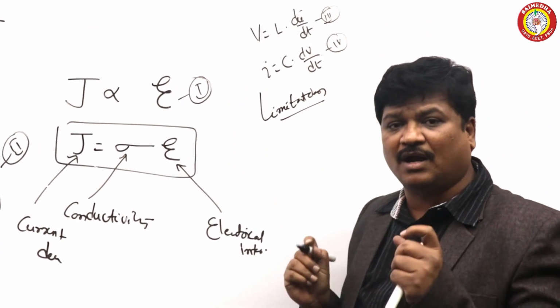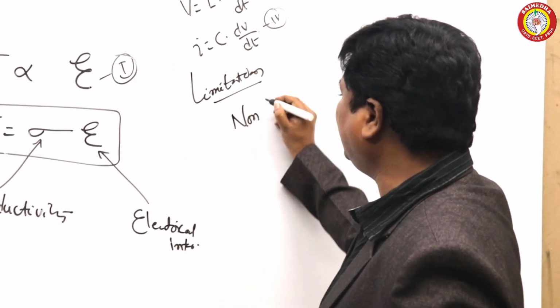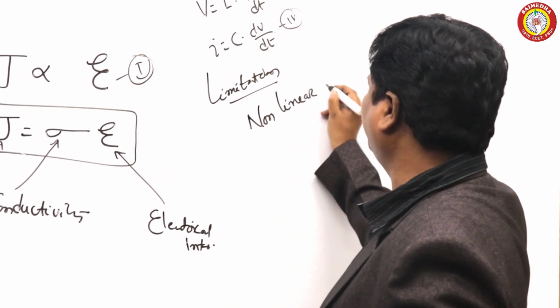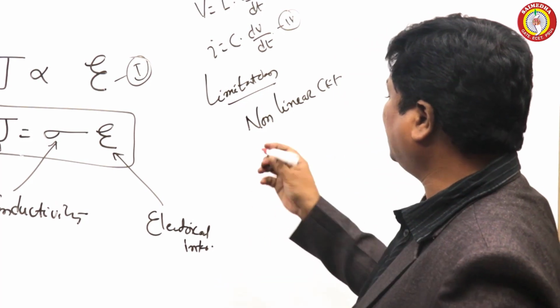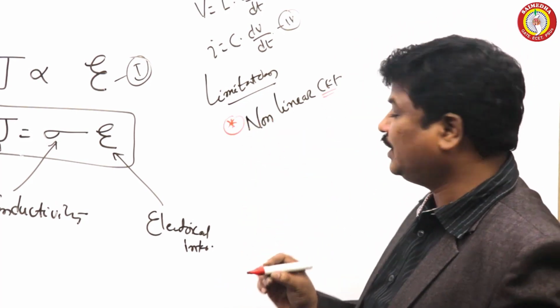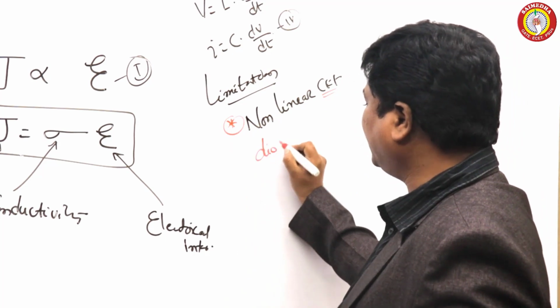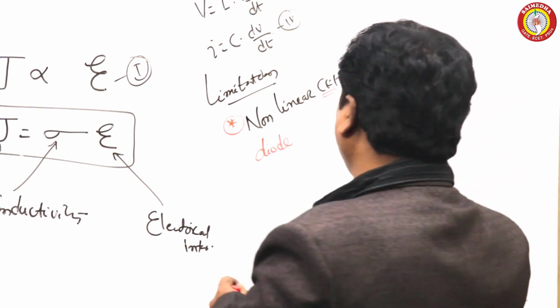Ohm's law is not applicable to non-linear circuits or non-linear elements. This is an important point. Ohm's law is not applicable to non-linear elements or circuits. For example, if you take a diode, a diode is a non-linear element. The VI characteristics are not linear.